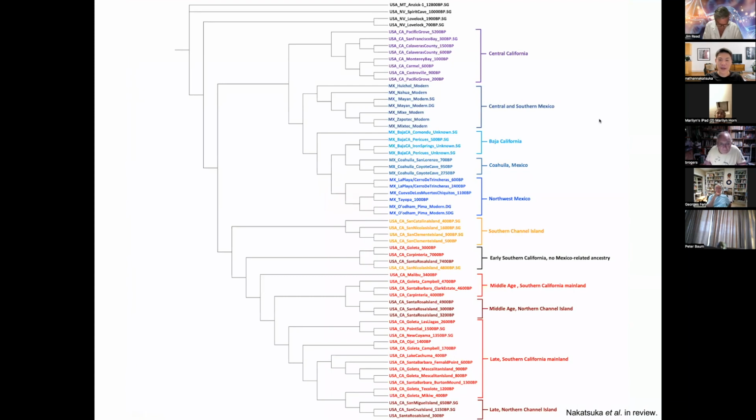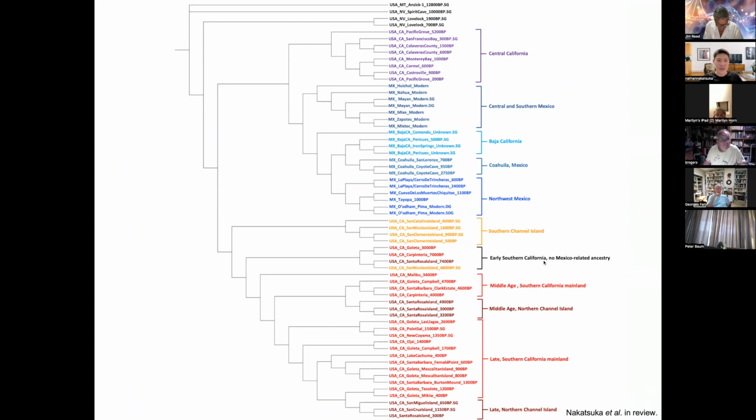Here, this is a phylogenetic tree that we created with outgroup F3 statistics, showing genetic similarities between different groups. As you can see here, the groups generally are clustering by geographical region. I just color-coded them so you can see that.